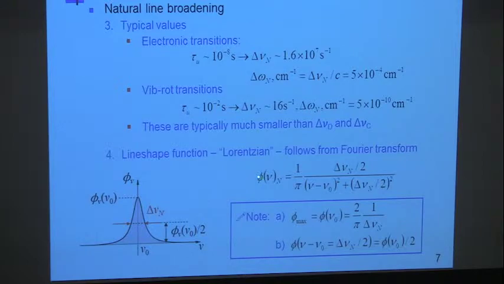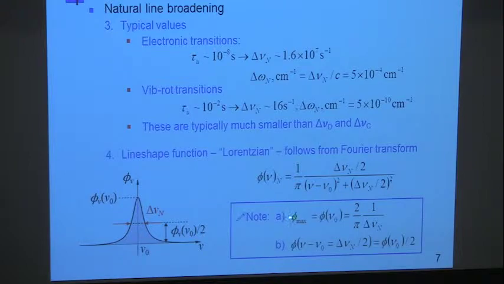What that means is this phi, the integral of which is 1, over a constant, which is the full width at half maximum here, delta nu, plus the distance from line center squared. So in other words, it falls off as 1 over r squared, distance from the line.